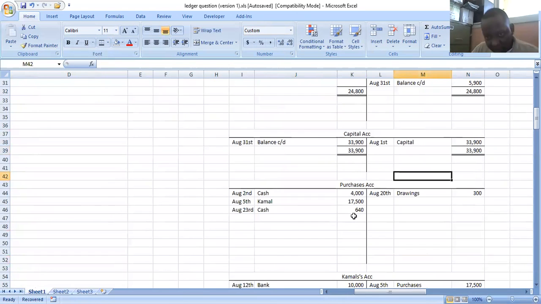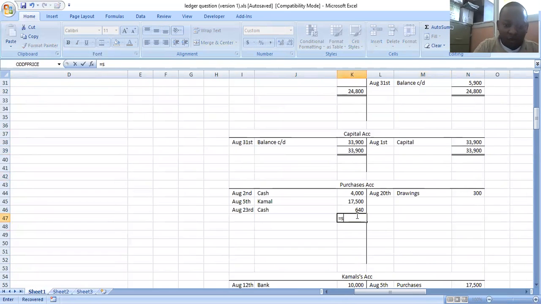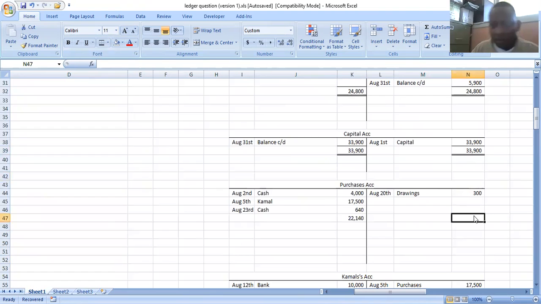Then you have purchases. Purchases, the total of the debit side is equal to, whereas the total of the credit side is equal to 300. So the credit side of purchase account is lower.